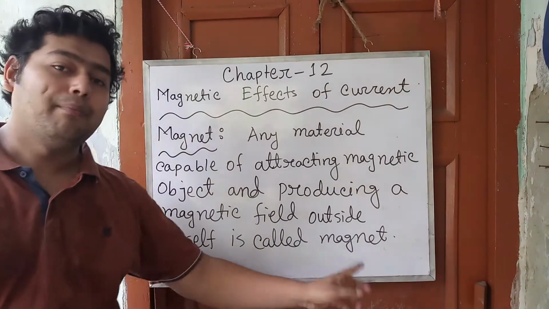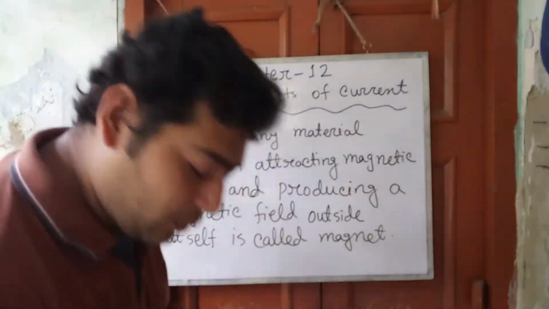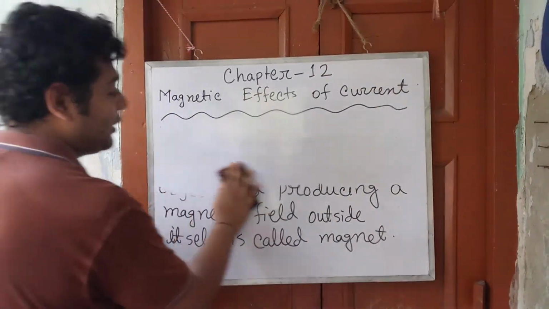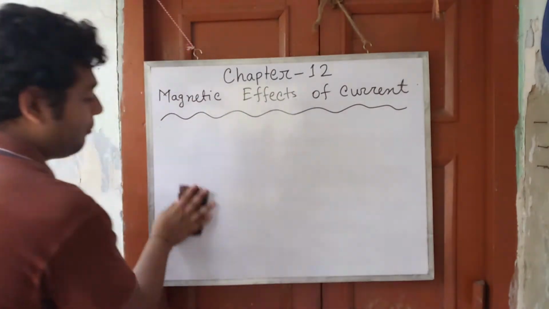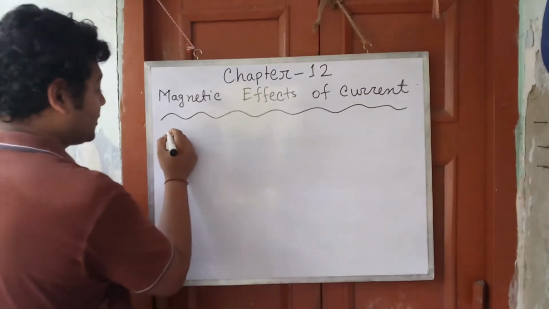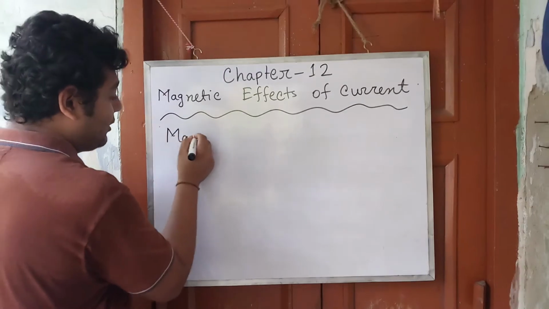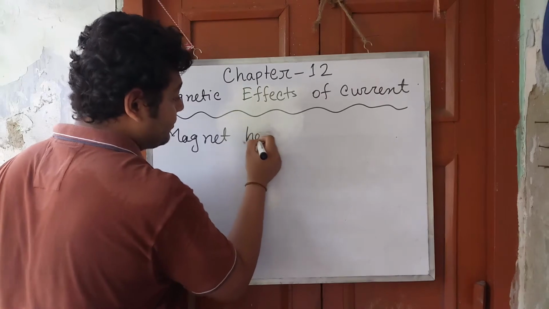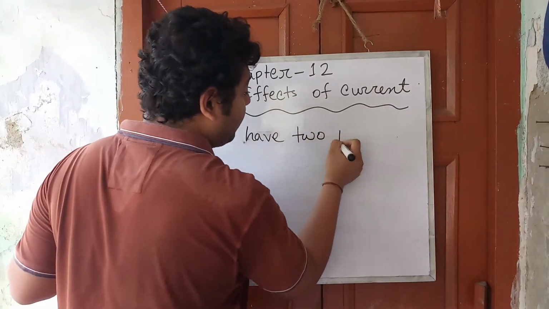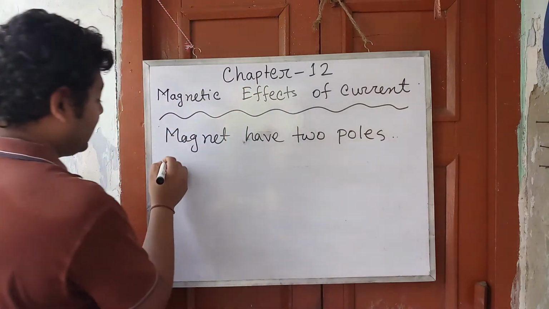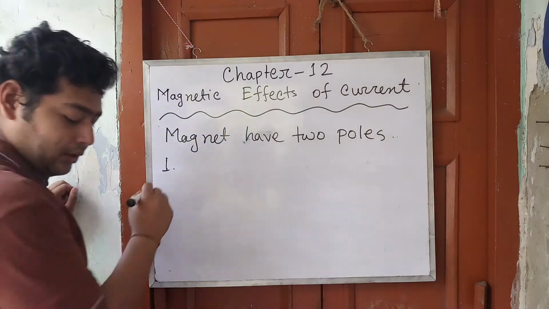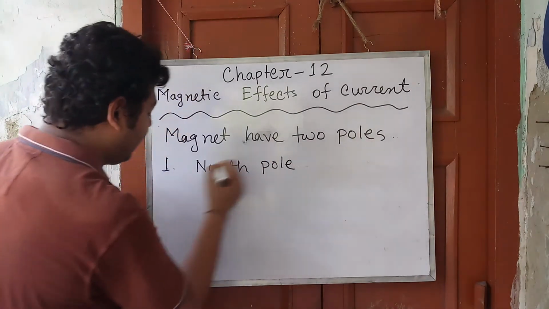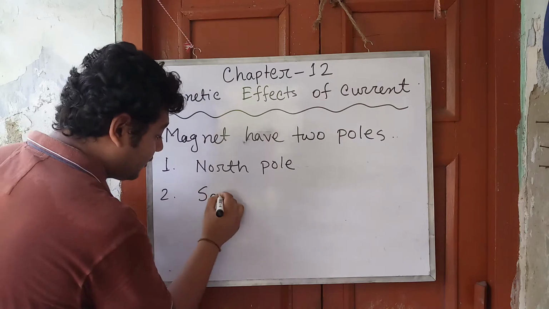A magnet has two poles. One is the north pole and the other is the south pole.